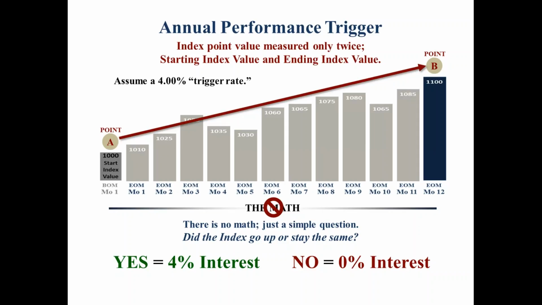I love this strategy with a couple of exceptions, okay? It depends upon what the trigger rate is. The way I look at that personally, and different pros have different legitimate views on this, is I compare the trigger rate to the annual point-to-point cap rate.